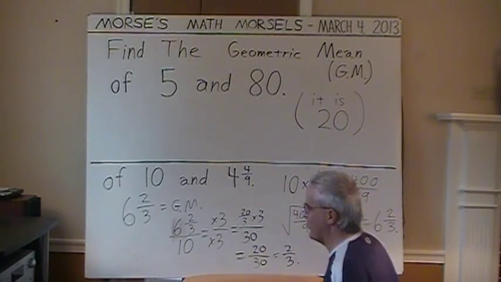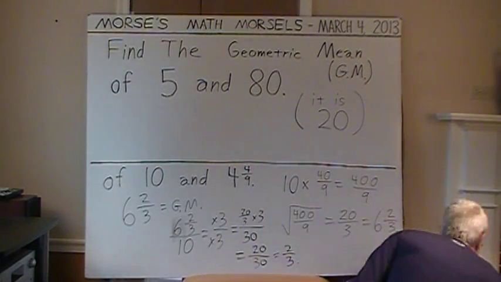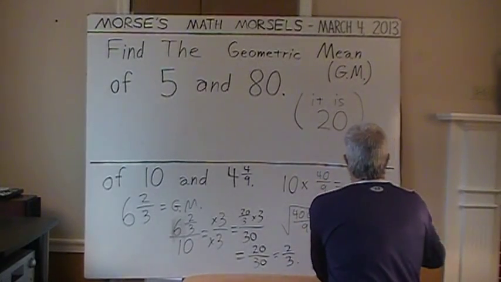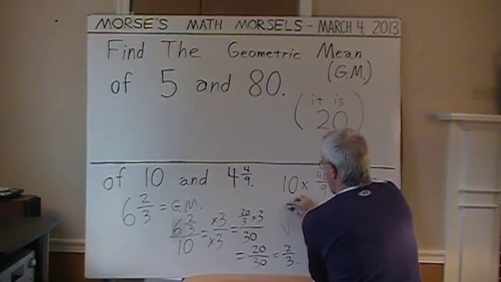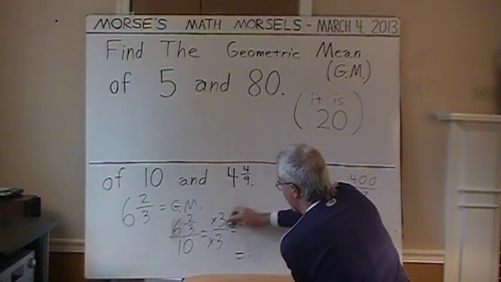Well, 2/3 appears to be a ratio. Let's see if that's really true. I'm going to rub out the square root business over here and make some more room. I'm going to save that 2/3 and rub out this other work.